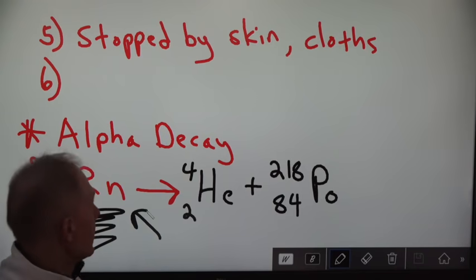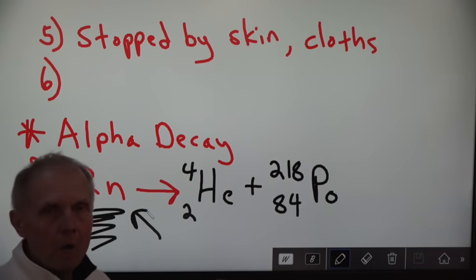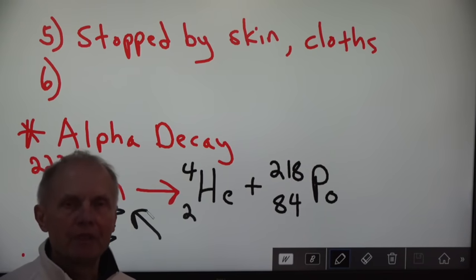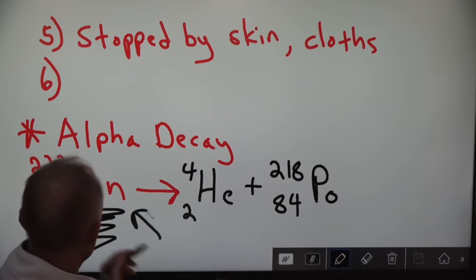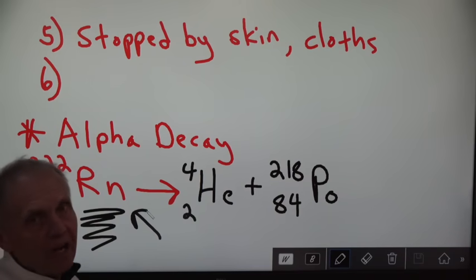Okay? All right. Now, before we go on, I told you I had a story about my sister and alpha particles. So, let's do another one of these alpha decays.